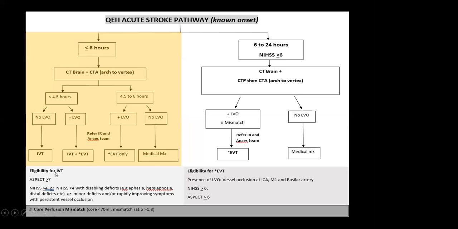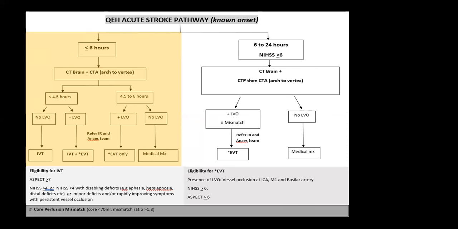How do we know whether the patient is eligible for IV thrombolysis? Those with ASPECTS score of more than 7, with NIHSS score of more than 4, or NIHSS less than 4 with disabling deficit. However, something that we have not advocated are those 6 to 24 hours with NIHSS score of more than 6.